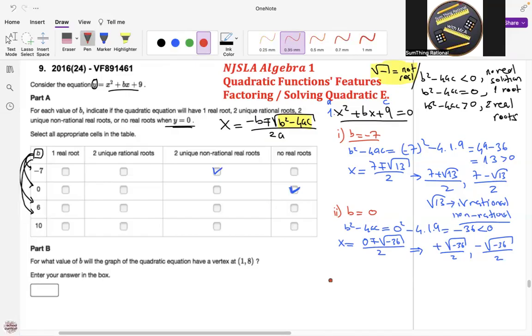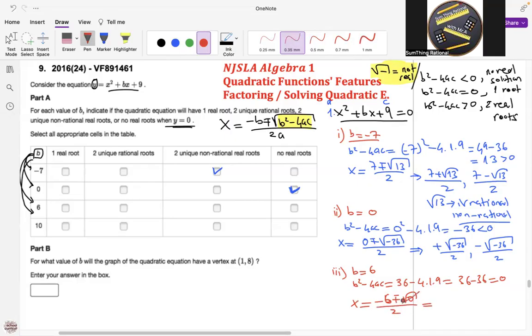The third case, let me write the third case here. In the third case, b is 6. Let's calculate b square minus 4ac, which is 36 minus 4 times 1 times 9, which is also 36. 36 minus 36 is 0. So when we have 0, negative b means negative 6, plus minus square root of 0 divided by 2.